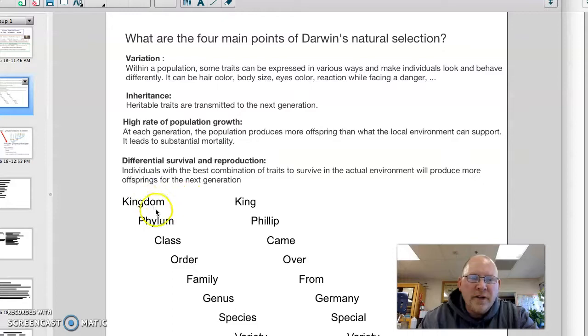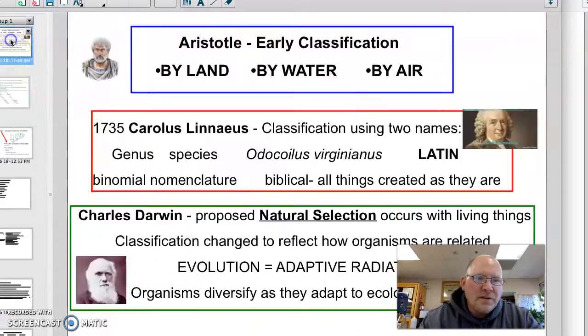And under the kingdom, there are 33 phyla, there are classes, there are orders, there are families, there are genus and species, and varieties of different organisms. And then we talked about Carl Linnaeus. He came up with binomial nomenclature, where you had a two-name naming system, a genus and a species name for each particular organism.